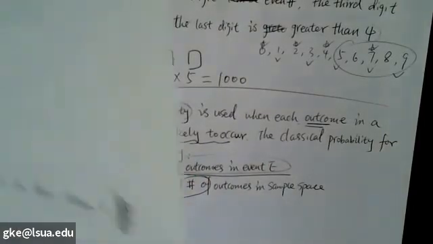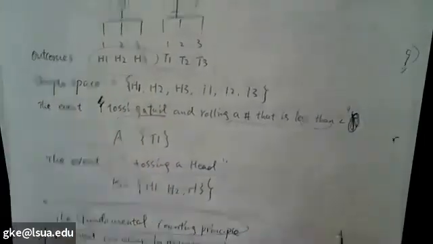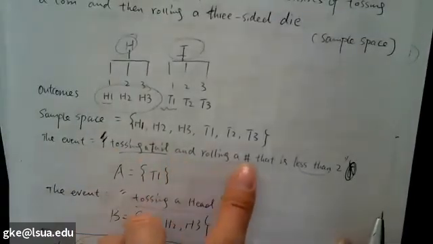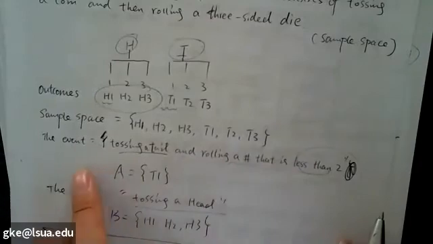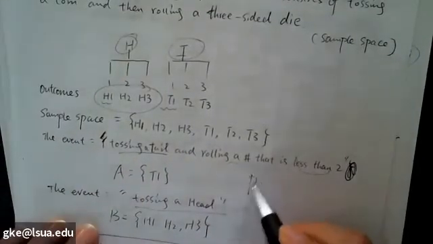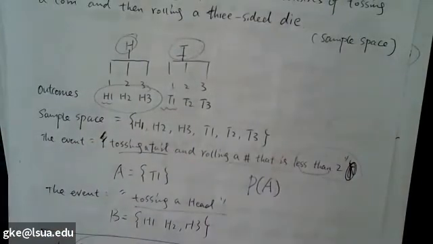And in the previous example, we know tossing a tail and rolling a number that is less than 2 is the event A. How do we calculate the probability of A?